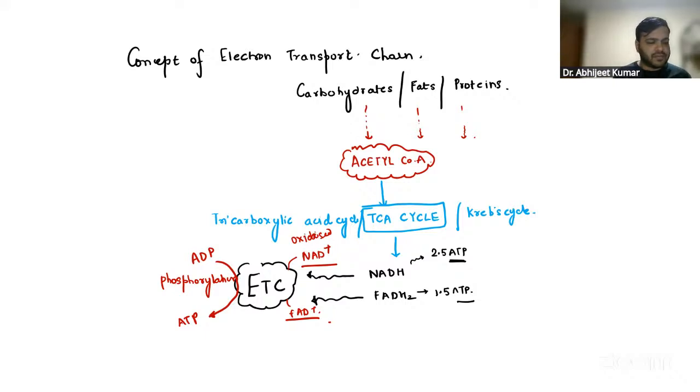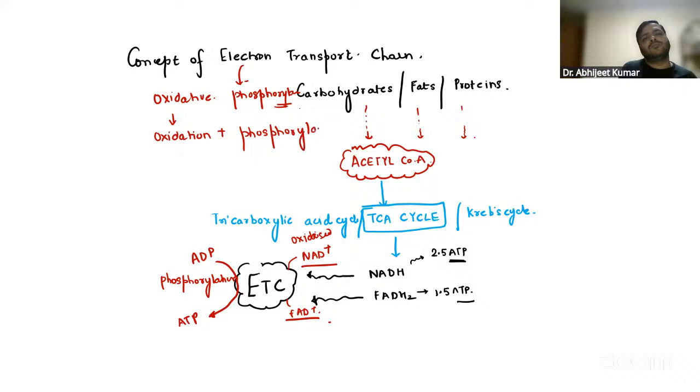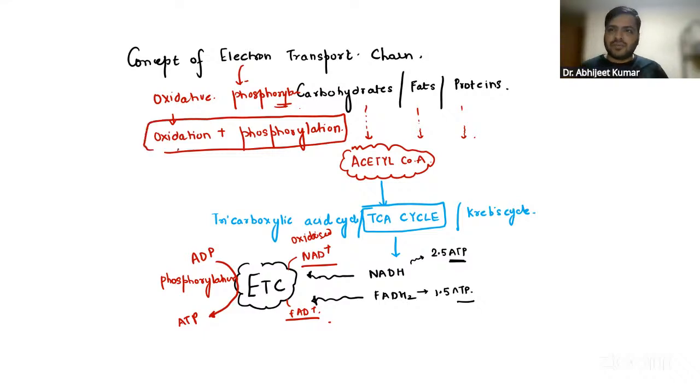So this electron transport chain is also known as oxidative phosphorylation. Remember, it is oxidation plus phosphorylation, right?